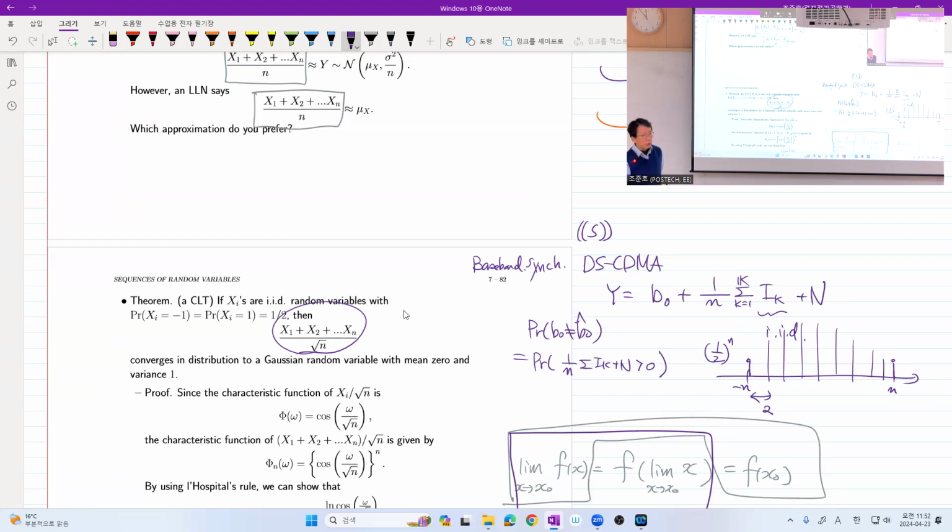You can show that when B0 is 1 with probability half and negative 1 with probability 1/2. And you can approximate this one.